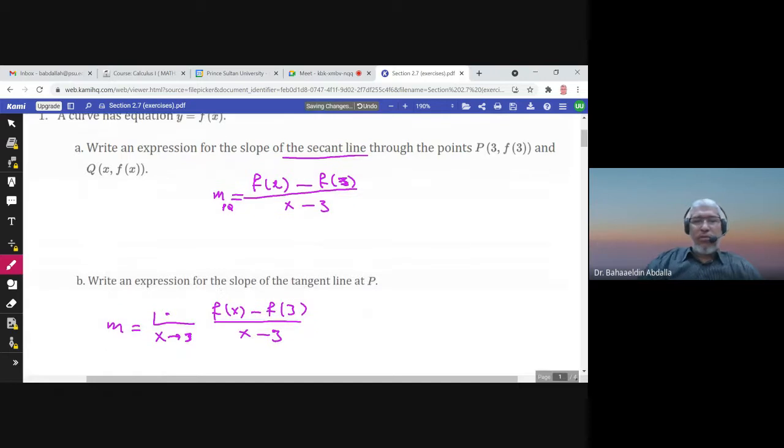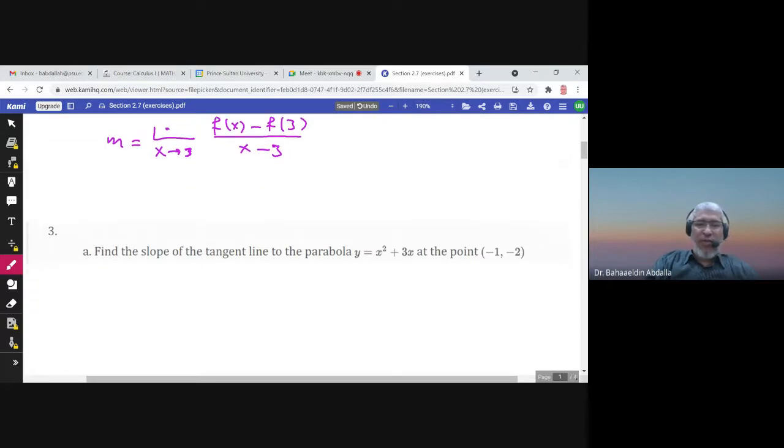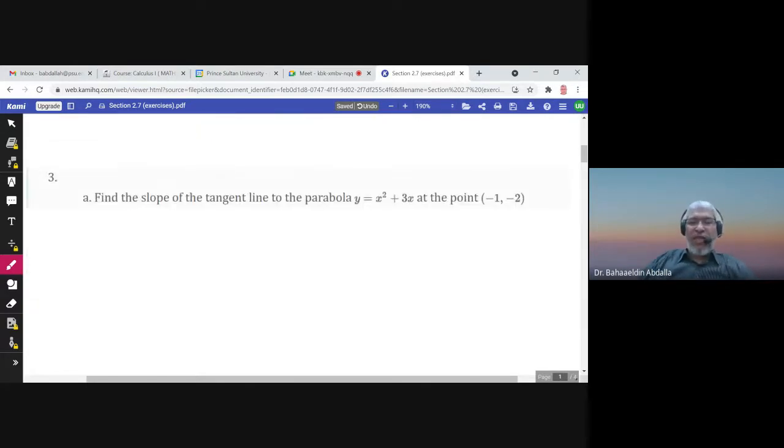So he said at P, and P is this point. P is 3 and f of 3. So this would be the slope of the tangent line at P. Find the slope of the tangent line to the parabola at this point. So the slope of the tangent line would be the limit.